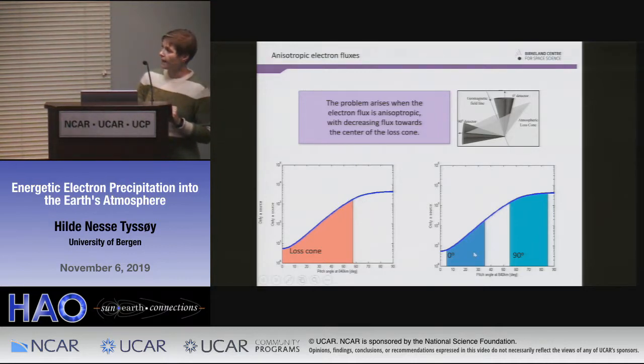So when the AP model only uses the 0-degree detector, it underestimates basically all the time. If it's isotropic, it has the right level, but typically in the anisotropic case, it gives an underestimation of the electrons hitting our atmosphere.